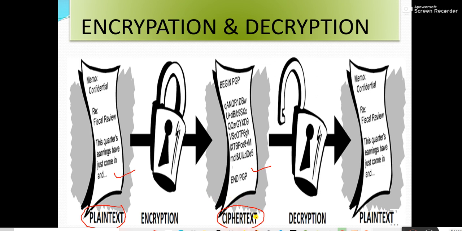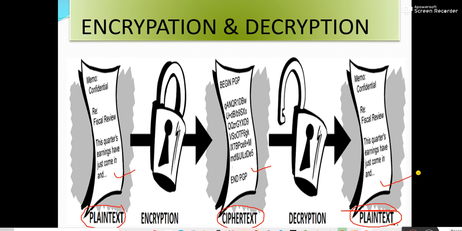Once the message is received at the destination or receiver side, which is person 2, it has to be decrypted with the same key, or a key pair from an asymmetric pair, along with the mathematical algorithm, and it is then converted back to plain text, which is the readable message.